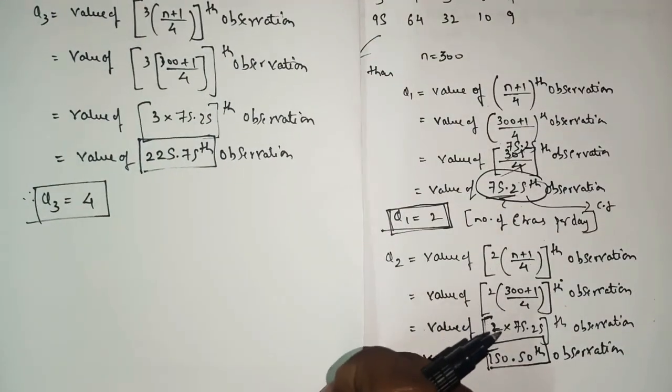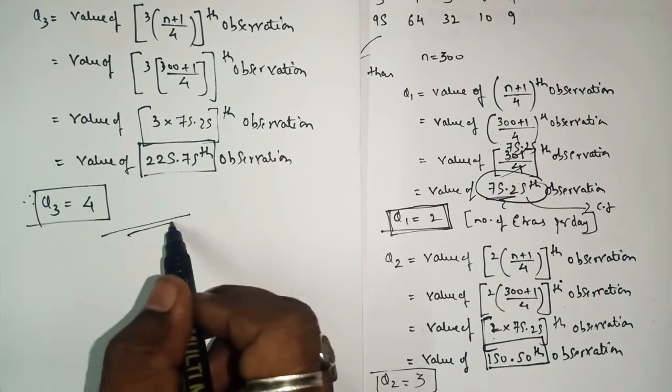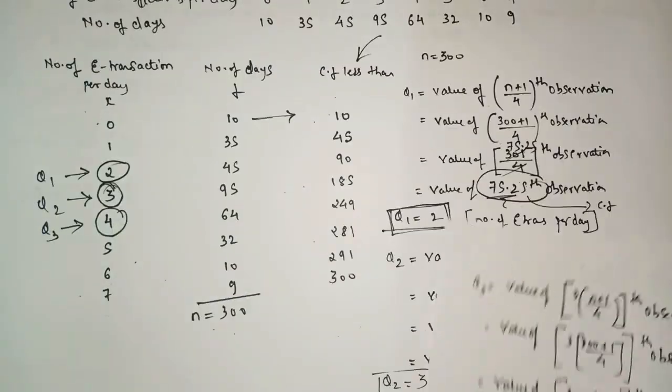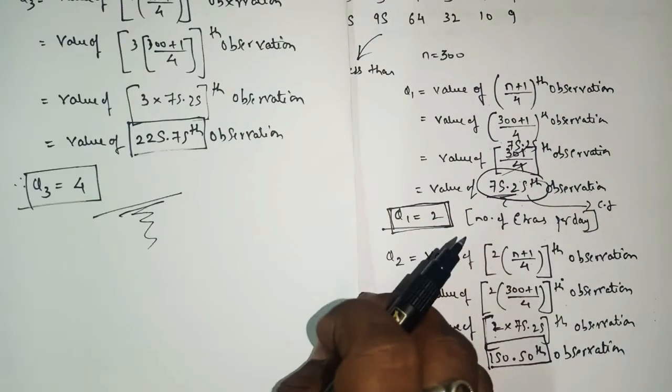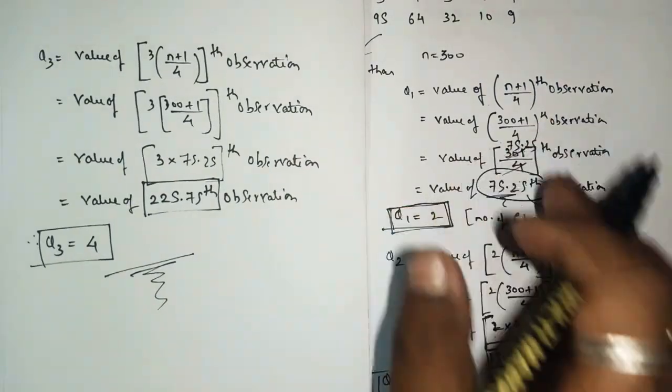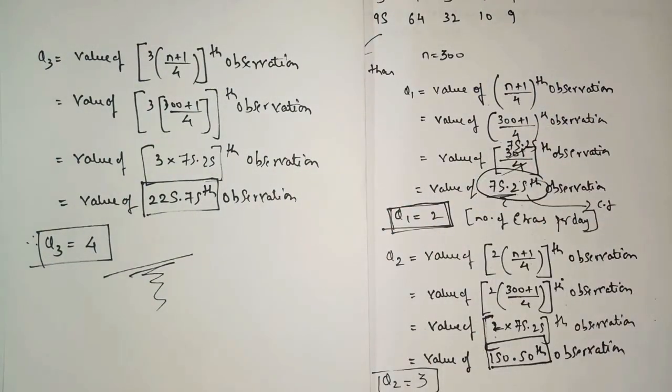I hope you all understood the sum, how to frame the table and how to find the answer by using the formula. This formula we had seen in the previous video. In the last lecture we solved 2-3 sums of type number 1 using this formula. But what is the difference?